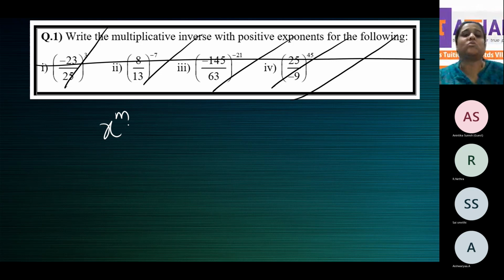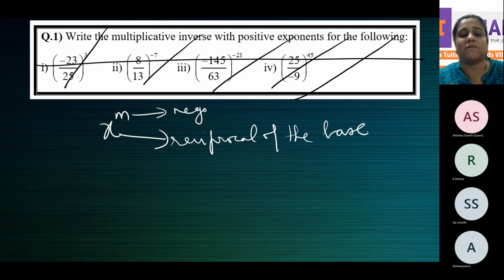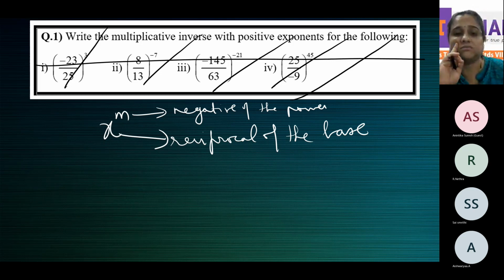If you want to make any change to the base, you can only take the reciprocal of the base. And the power, if you want to change it, you can write the negative of the power. You cannot write the reciprocal of the power. You cannot write the negative of the base.